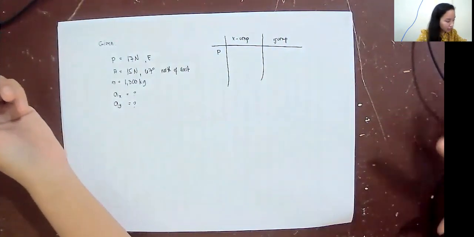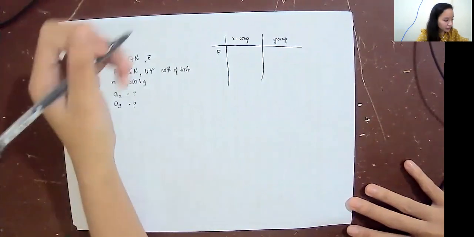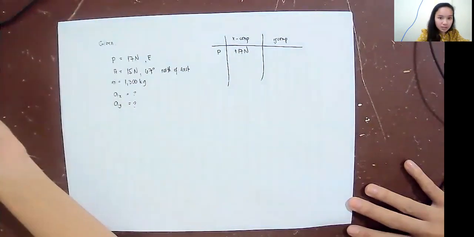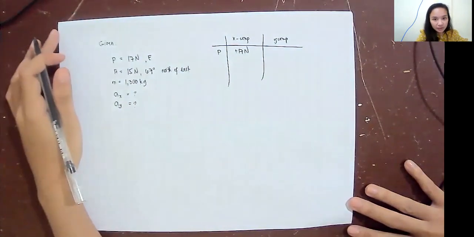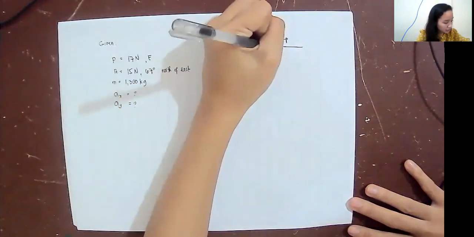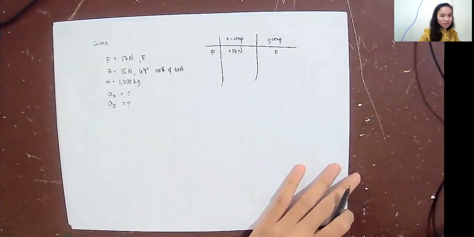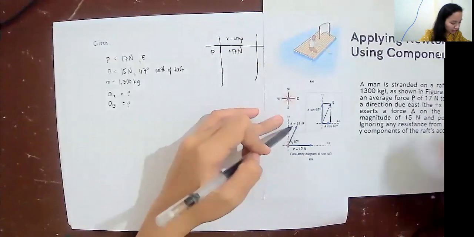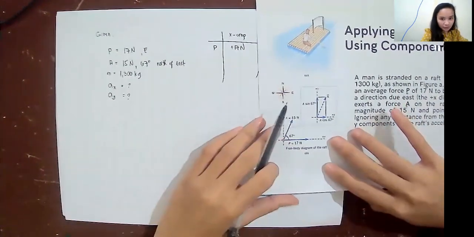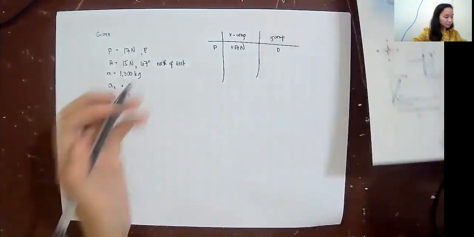Our force P, since it is only in the east, and it is along our x component, it is positive 17 newtons. Okay, and then for the y component, that's 0. Okay, because it is on 0 at this axis. It has no value, because this force P is already on the x-axis.